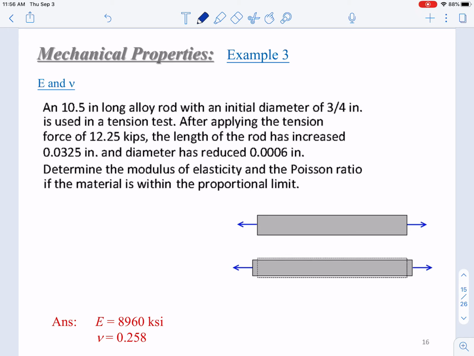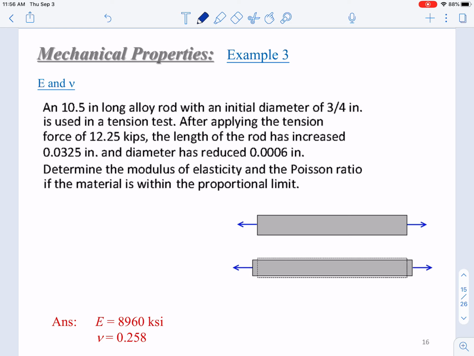Okay, in example 3, let's enhance the understanding of this concept of modulus of elasticity, Poisson ratio, and shear modulus. Here is a 10.5 inch long alloy rod with an initial diameter of 3/4 inch used in a tension test.